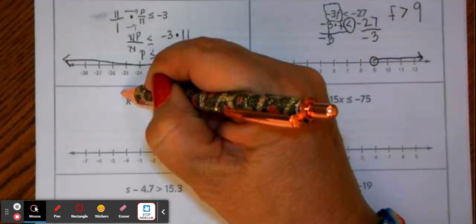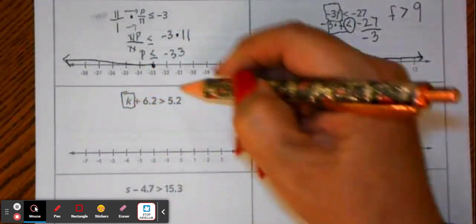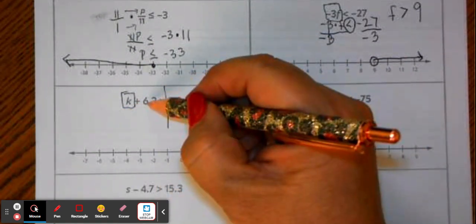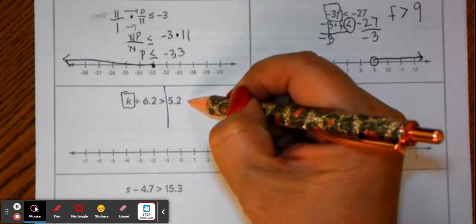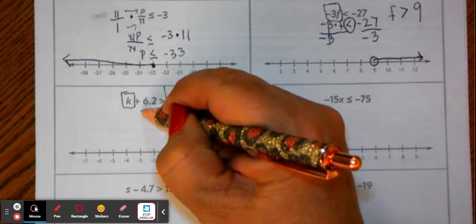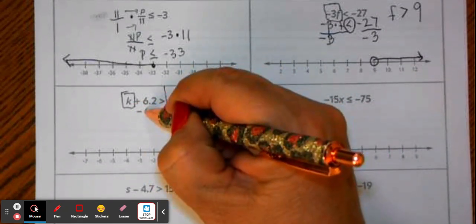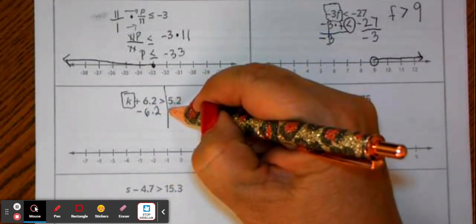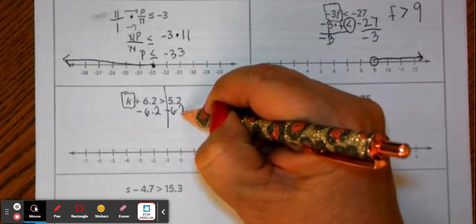So now I'm going to box in just my variable, draw my line, and now I've got to get the 6 and 2/10 over to this side. If I have a positive 6 and 2/10, I'm going to need a negative 6.2.